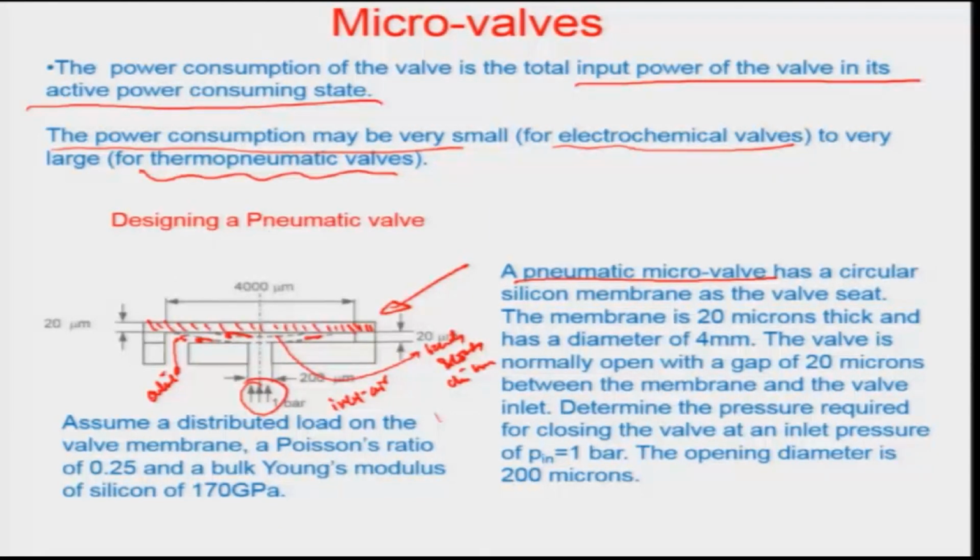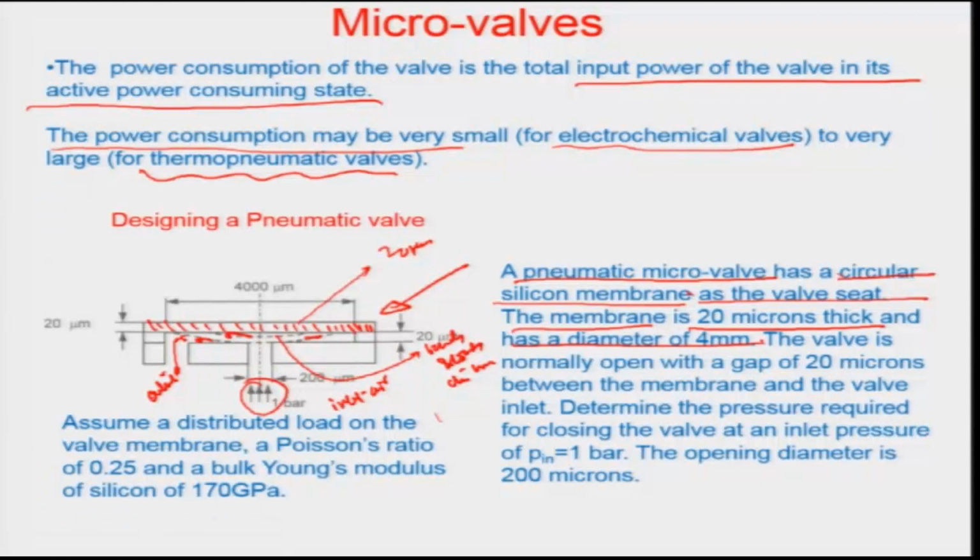Some dimensions and some characteristic geometric representations are given. It is a circular silicon membrane which is used as the valve seat, and the membrane thickness that we are talking about here for example is only about 20 microns, and has a diameter of 4 mm.